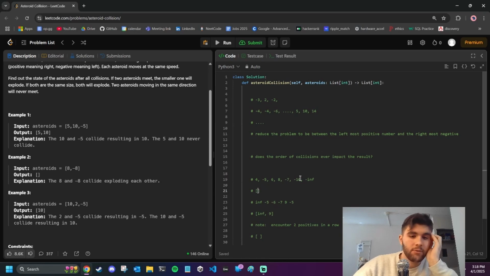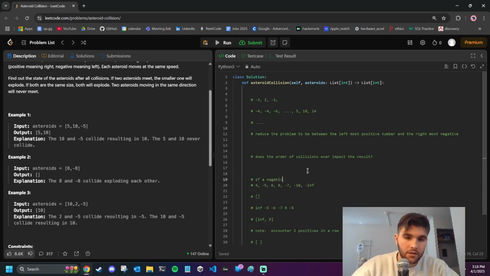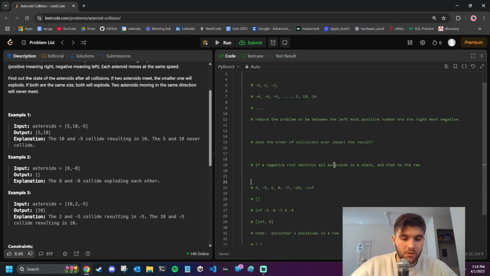So we'd have to somehow, maybe what we could say is if a negative rock destroys all asteroids in a stack, add that to the result. Like if the stack is ever empty, then we add that to the result because it means it went all the way to the left.